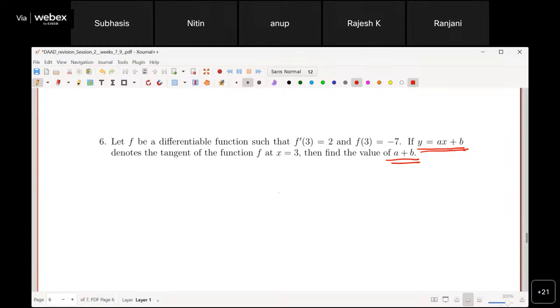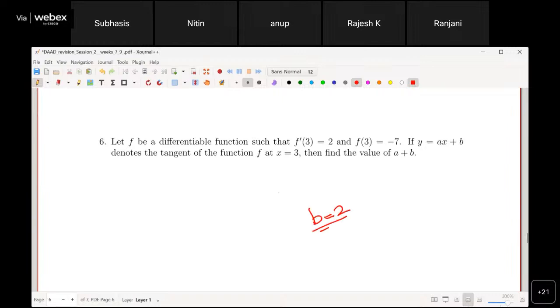Yeah, so what they're basically saying when they're saying y equal to ax plus b is basically f dash, right? No, f dash is what? f dash is a number, right? So they're giving you f dash of 3, you can take basically the value. Value of b is 2. Why is the value of b 2?